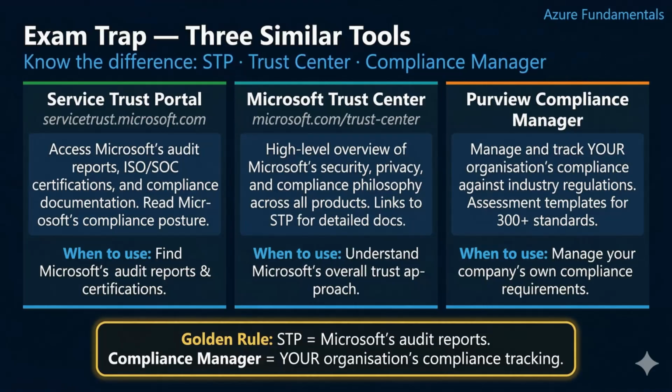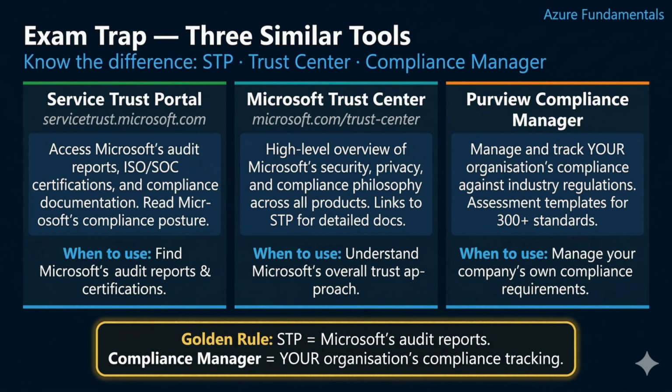Now, here is one of the most important sections for your AZ-900 exam, and one of the most commonly confused areas. Let me break down the differences between three tools that sound similar but do very different things. The first is the Service Trust Portal.